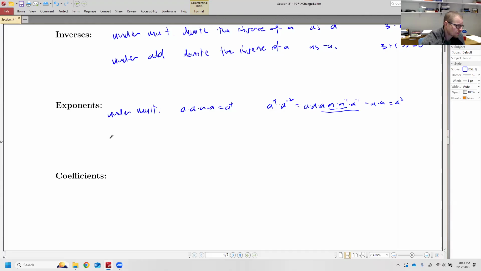Similarly, under addition, these things may differ from our conventional multiplication or division. But if I wanted a plus a plus a plus a, using the same number of repetitions, this is 4a.